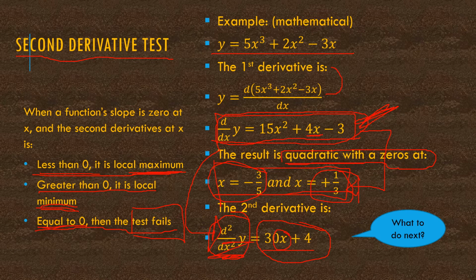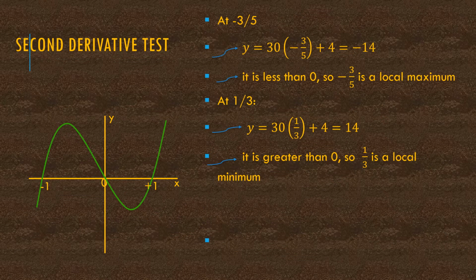So what are you going to do next? Substitute the value. At negative 3/5, you will have a value less than 0, so negative 3/5 is considered to be a local maximum because we have a negative value when we substitute.